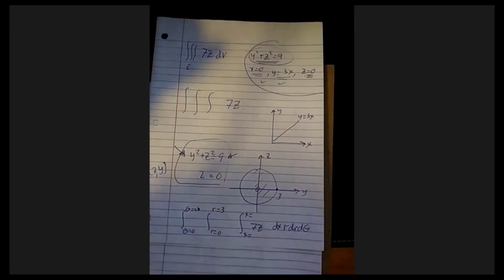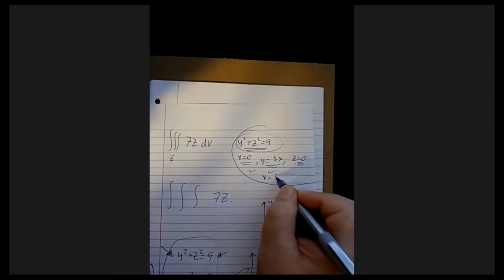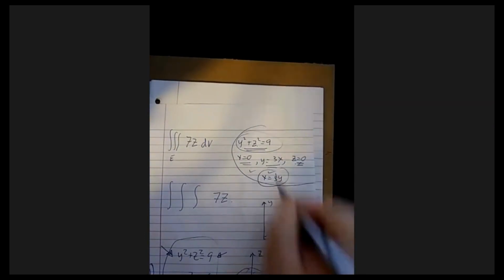Now, what do I know about the x's? Well, the x's go from 0 and they finish at a third y. You see how I rearranged that guy? x equals 0 to x equals a third y.